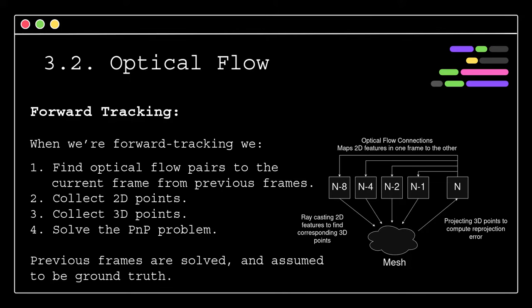So we use optical flow from those previous frames into frame n. For each of those earlier frames, we collect 3D points by raycasting the tracked features onto the mesh. Then we get the corresponding 2D positions in frame n from the optical flow data. Finally, we run a PnP solver to estimate the pose of frame n, just like with manual pins, but fully automated and by relying on multiple previous frames.